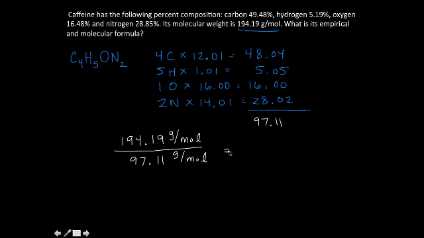And what I get from that is actually 1.99. And when we round that, we could say that's 2. So what that means is that this is now a multiplier.